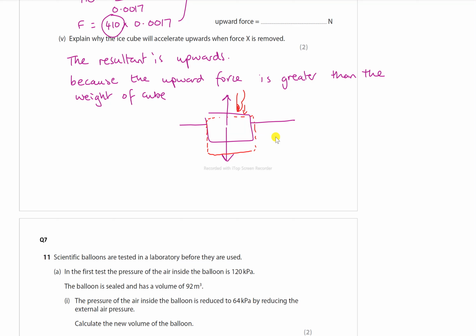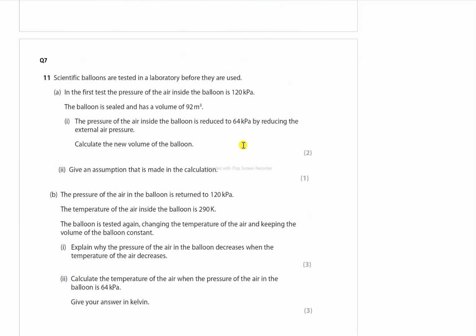So now when you let this go, the force acting up is bigger, so it'll accelerate upwards. All we want is the resultant force at this level. We don't need to do anything else.